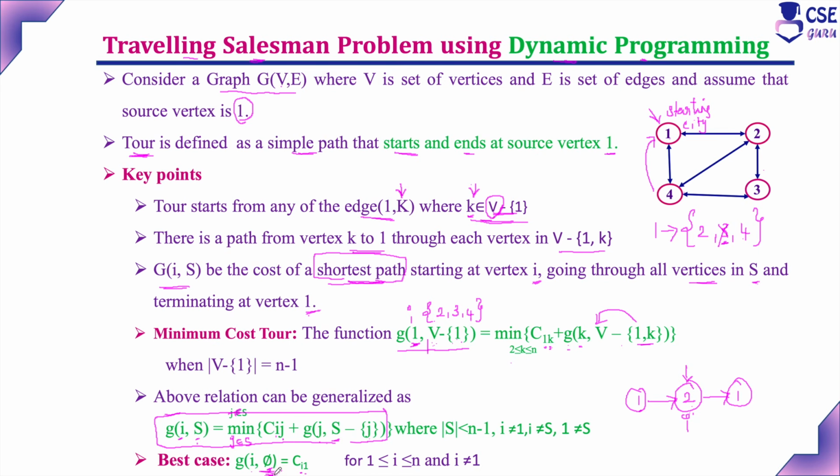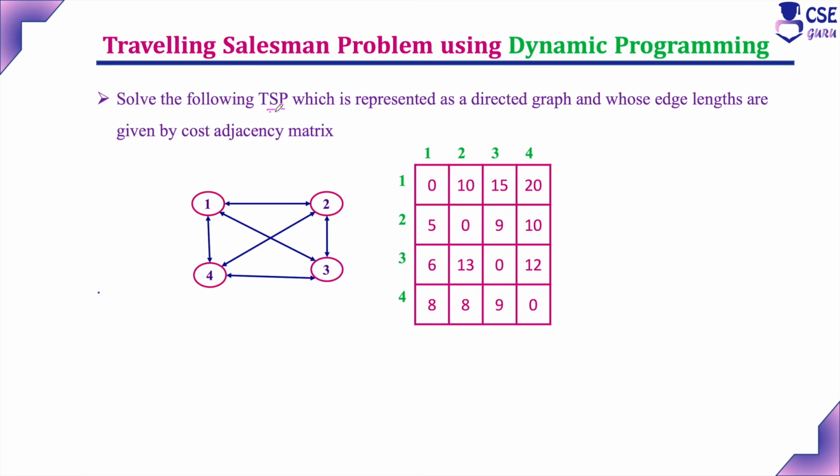So now we will discuss an example to implement the traveling salesman problem using the dynamic programming approach with these functions. Solve the following traveling salesman problem, which is represented as a directed graph and whose edge lengths are given by a cost adjacency matrix. Here they have given 4 vertices.